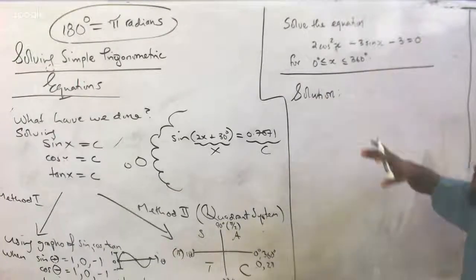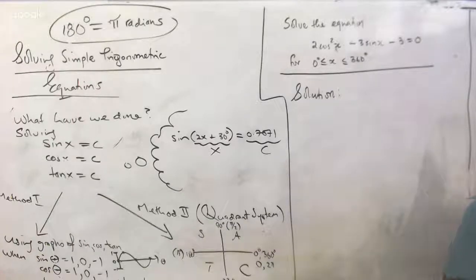So in this case, what I want you to know now is that there are some rules in solving trigonometric equations, right? Basically, two basic rules. What are the two basic rules?